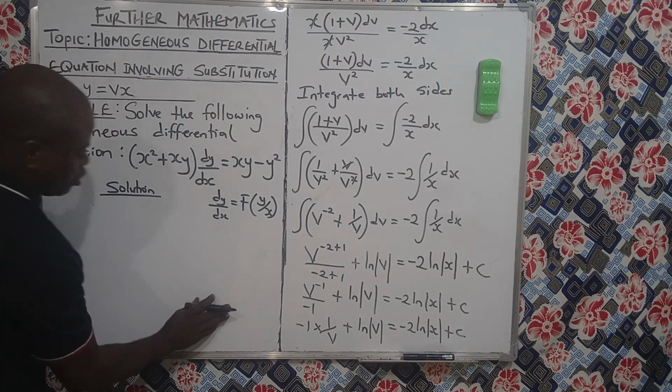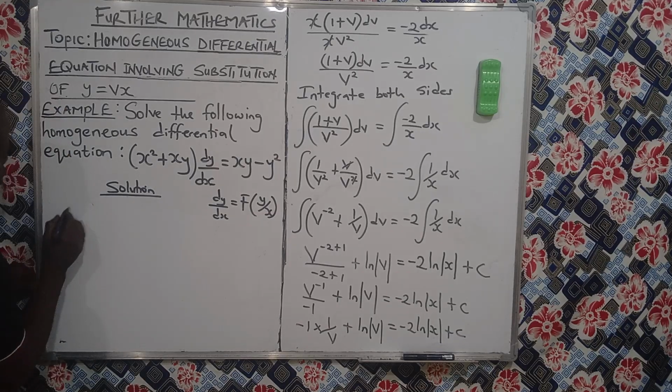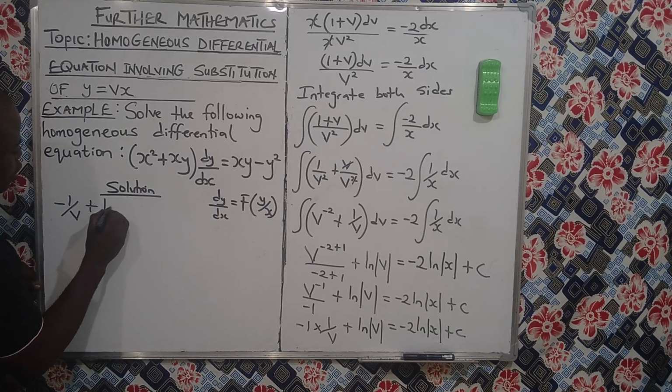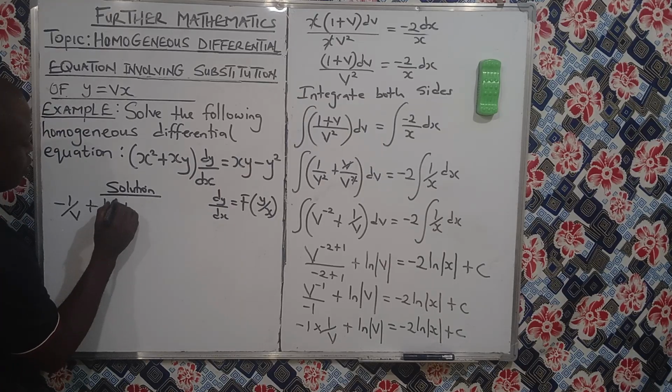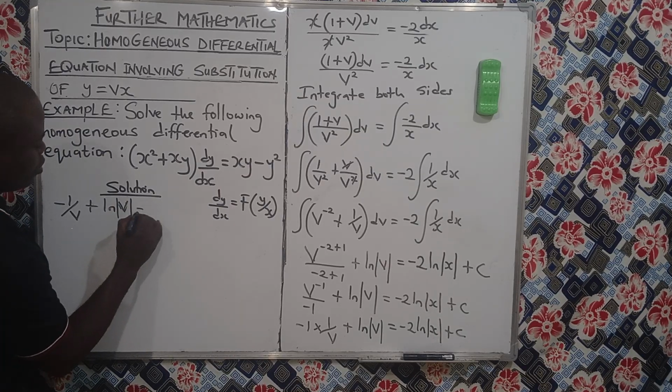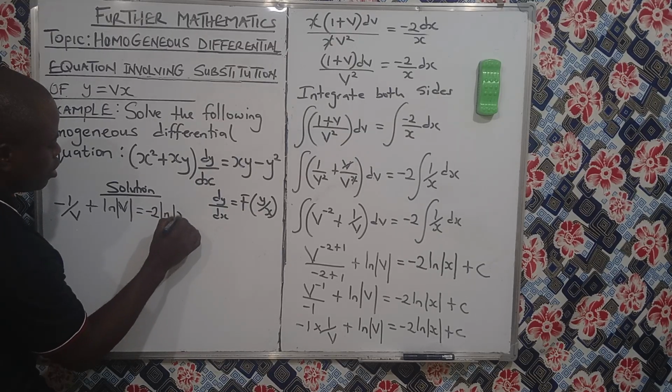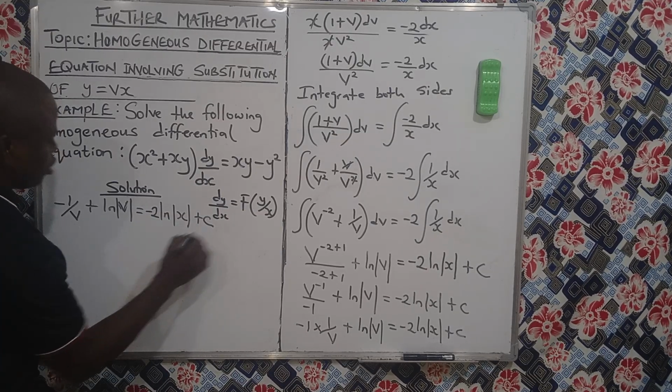Now we have minus 1 times 1 over v, that's minus 1 over v, plus ln v equals minus 2 ln x plus c.